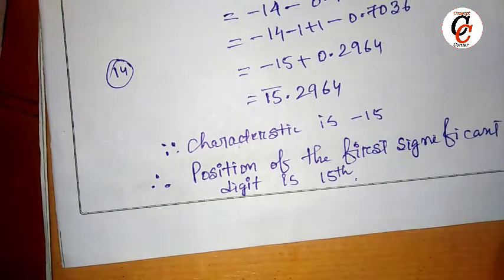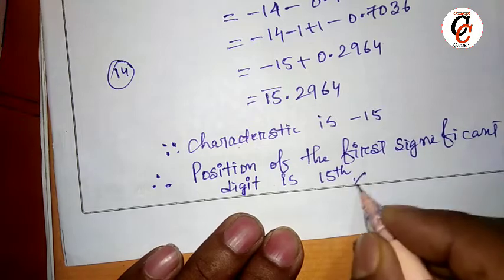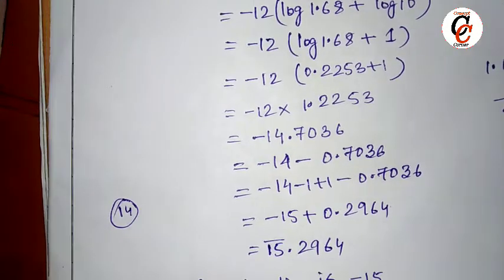That means after 14 zeros the first significant digit comes, that is the 15th position. So this is the solution of question number 9.